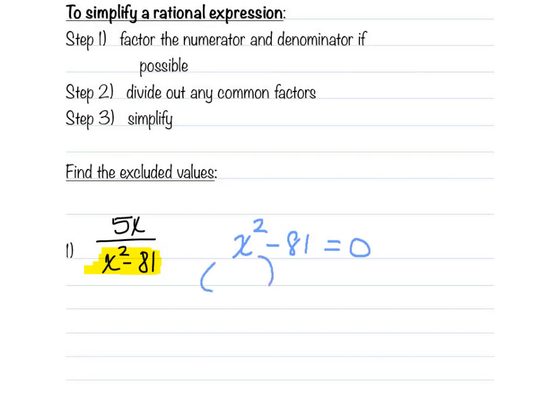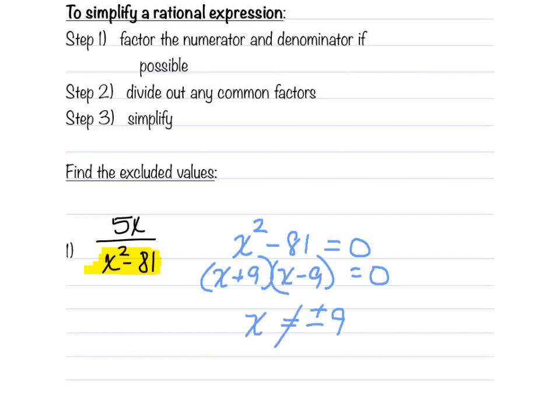Well, I recognize that this is a difference of squares. So I remember that to factor a difference of squares, it would be x plus 9, x minus 9. So I know that x is positive or negative 9, or better said, x cannot be positive or negative 9.